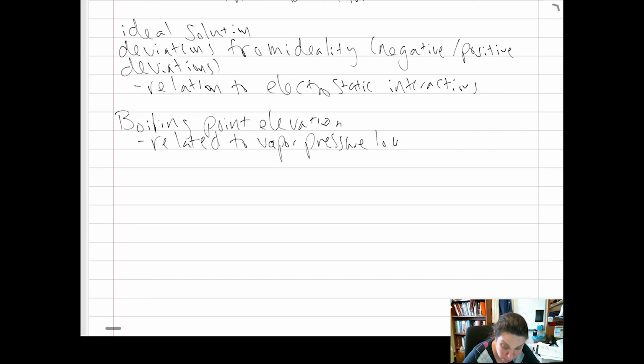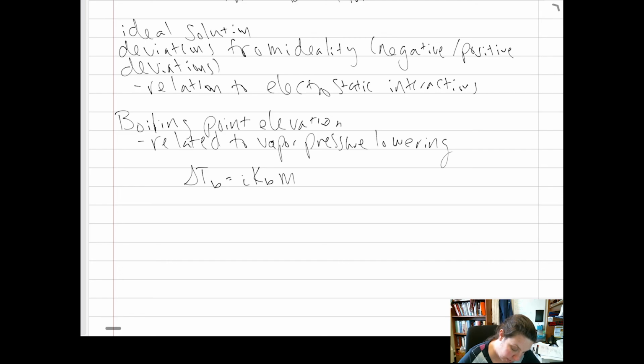Okay, so our boiling point elevation, we solve for that by taking our Van Hoff factor times our molar boiling point elevation constant times molality.